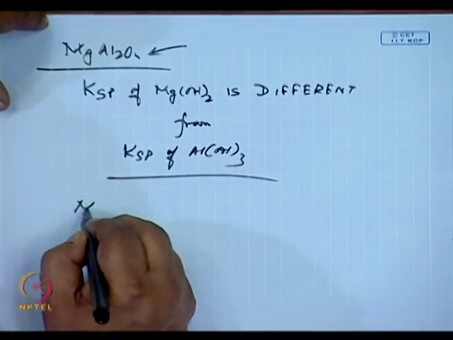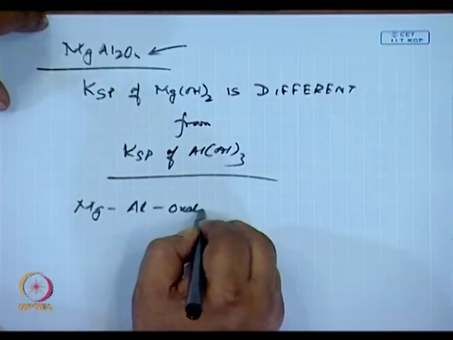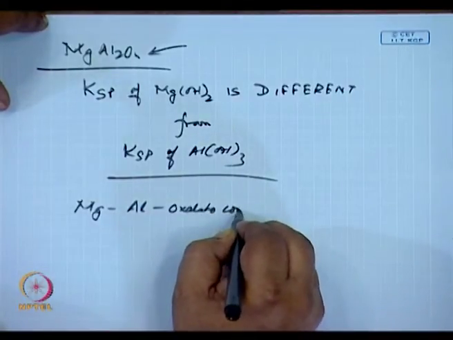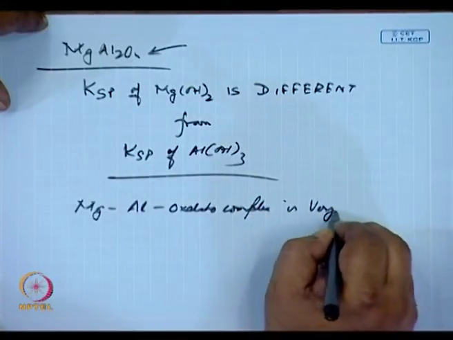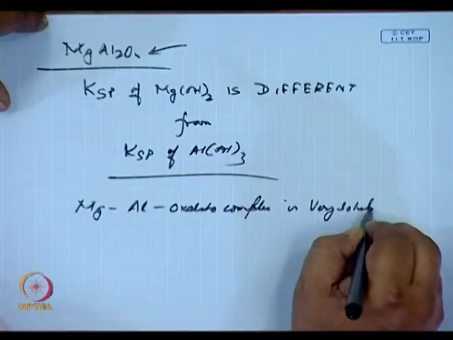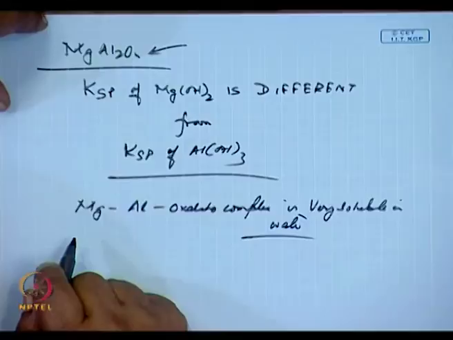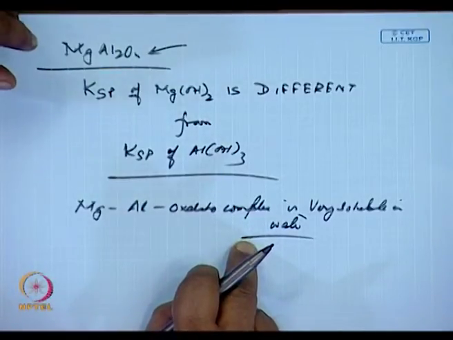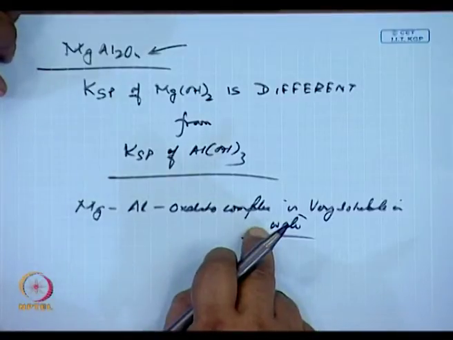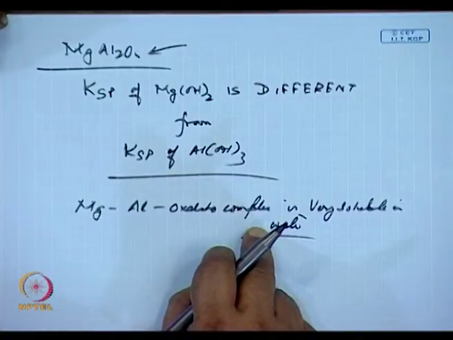The magnesium aluminum oxalato complex is very soluble in water. So, unlike in the barium titanate case or the nickel ferrite case, the oxalato complex route for making magnesium aluminate from magnesium nitrate and aluminum nitrate is not a viable option.